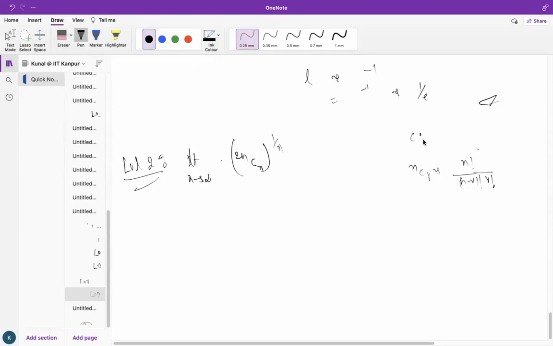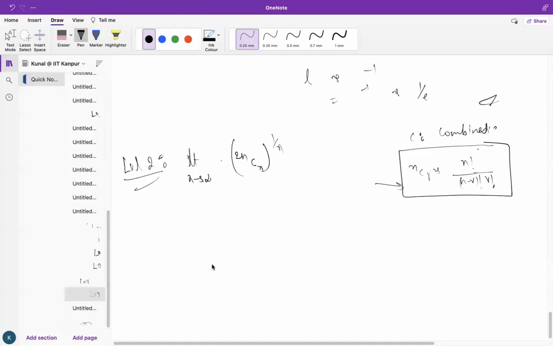So the combination, C is combination, and its formula is nothing but nCr is equal to factorial of n by factorial of n minus r by r factorial. So I think this is clear to you. Now we have to calculate the limit of this, so let's try to use this formula.